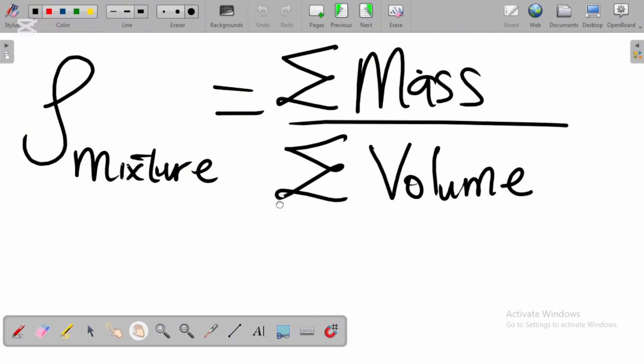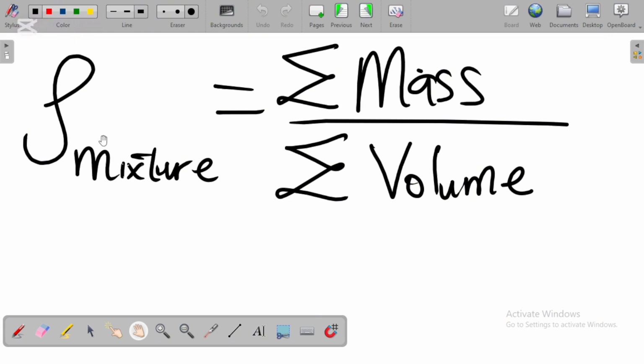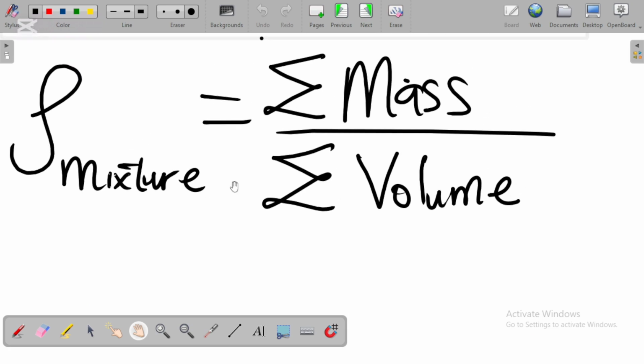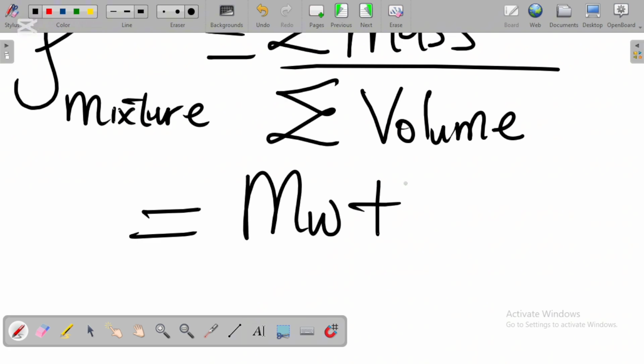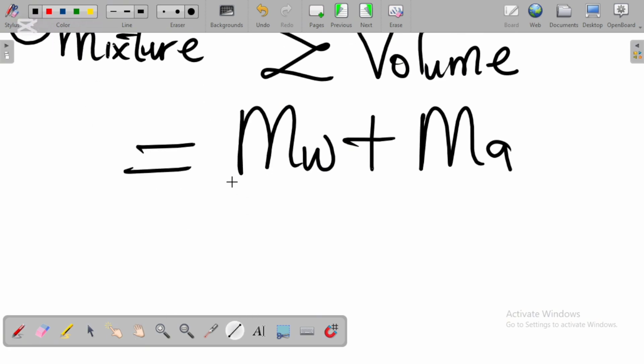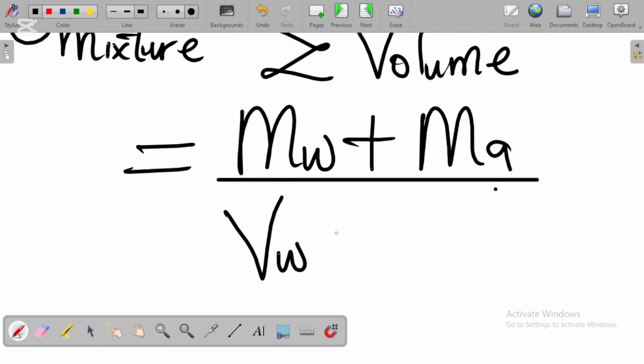All right, now let's substitute into this formula, which is the density of the mixture. Now recall that the density of mixture is equal to summation of mass all over summation of volume. So we have here, it is equal to what? Summation of mass. So we can simply write mass of water plus mass of alcohol divided by volume of water plus volume of alcohol.